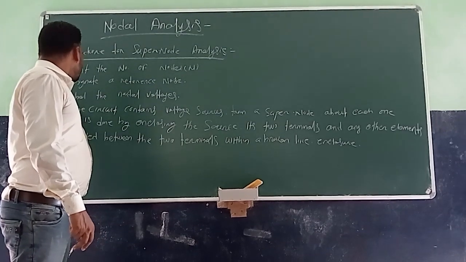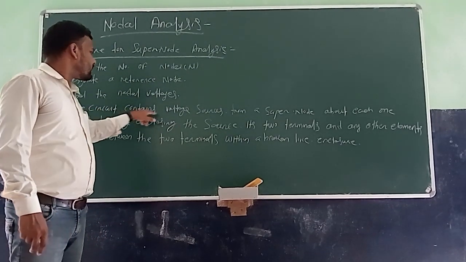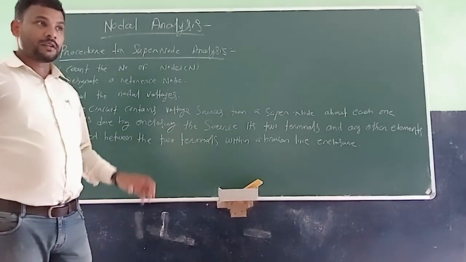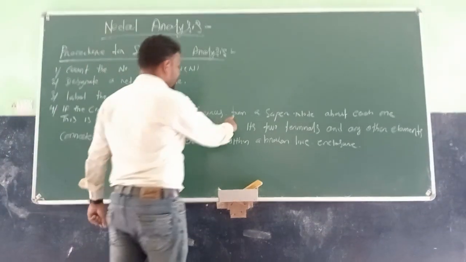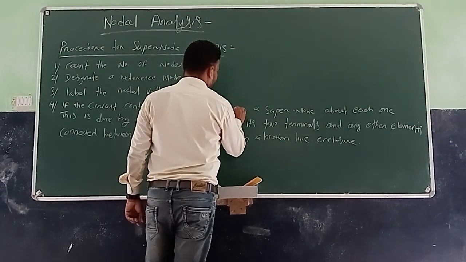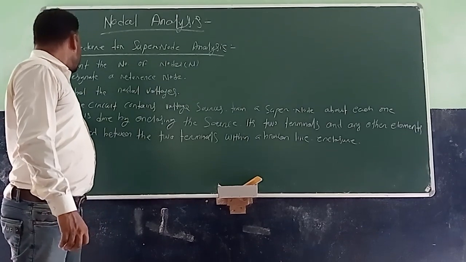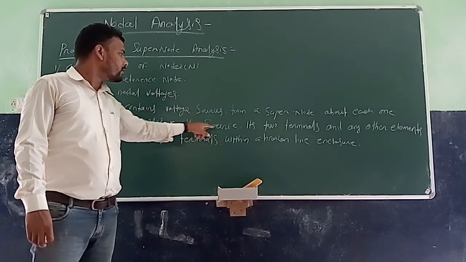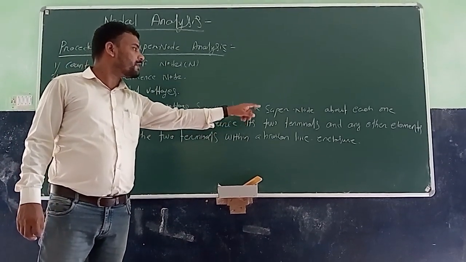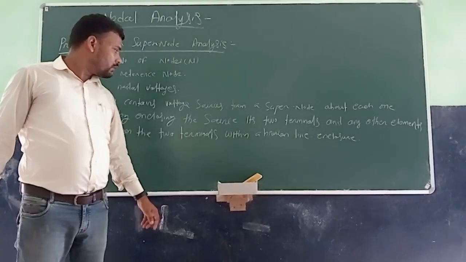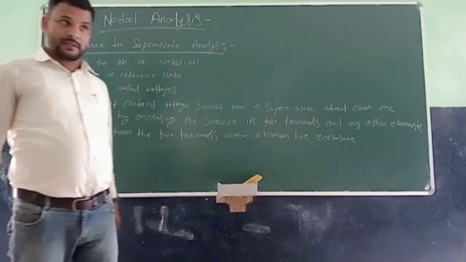Next, the fourth one: if the circuit contains a voltage source, form a supernode. This is done by enclosing the source and its two terminals, and any other elements connected between the two terminals, within the broken line.